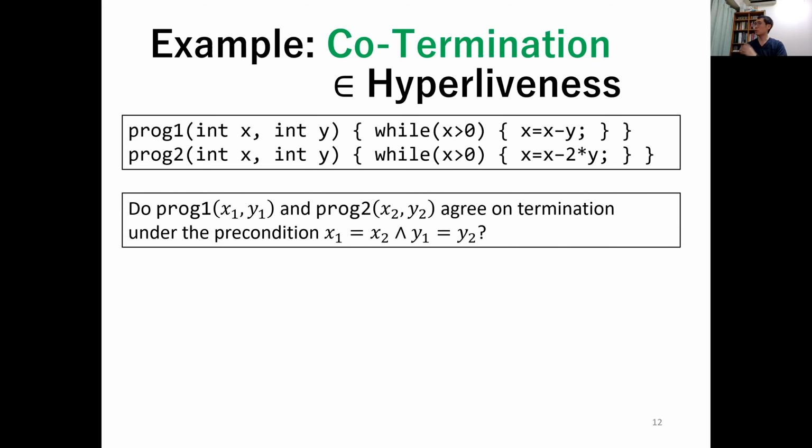That is, if program 1 terminates, then program 2 also terminates, and if program 2 terminates then program 1 also terminates, under a certain precondition. In this example, we choose as precondition that the values of their inputs are simply equal. X is the same as the other X, Y is the same as the other Y.